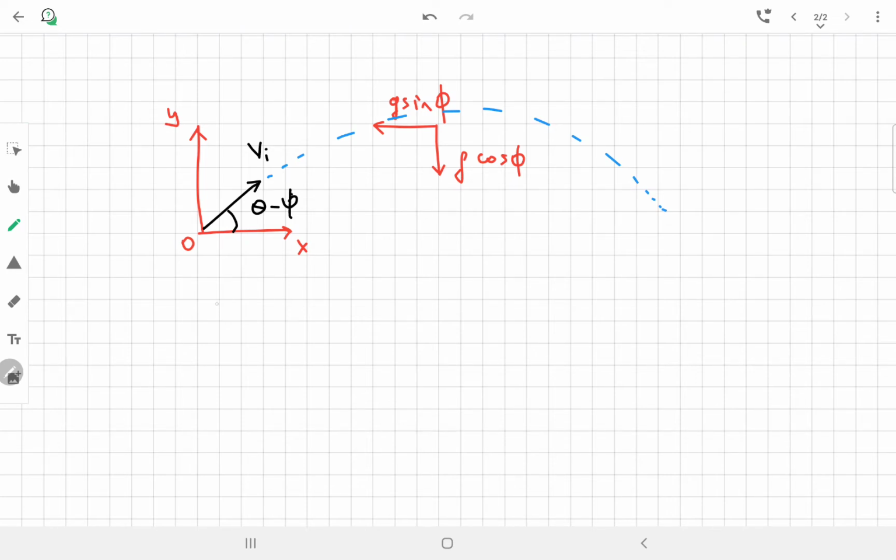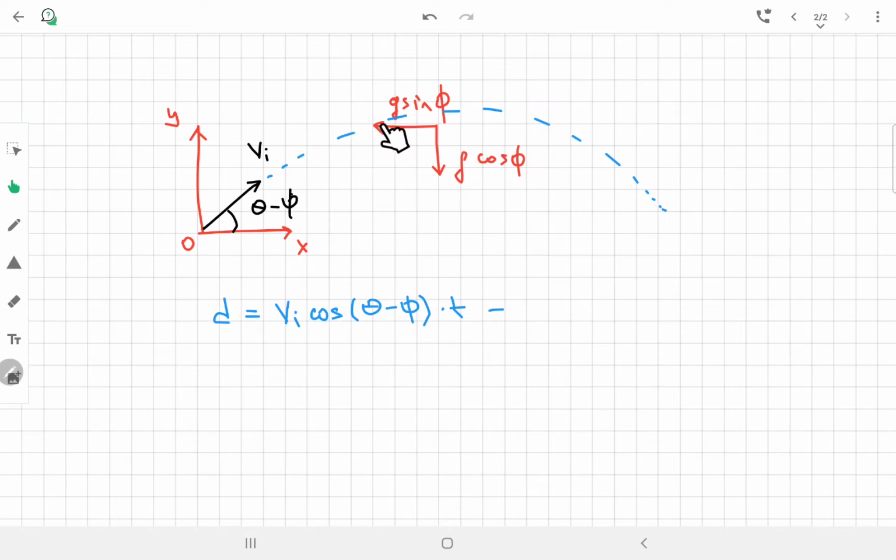In the x direction, after time t, the displacement will be d: the initial velocity in the horizontal direction is v initial times cosine of (theta minus phi) times time, minus, because gravity in the x direction is opposite to the x. So this one basically.